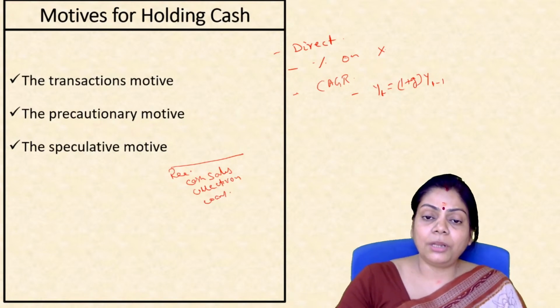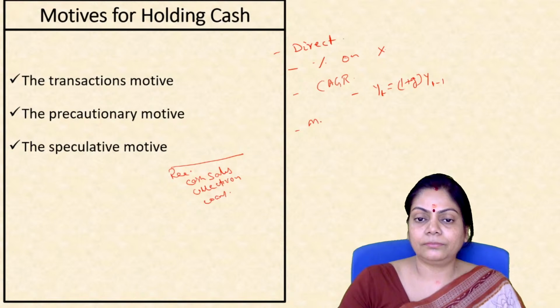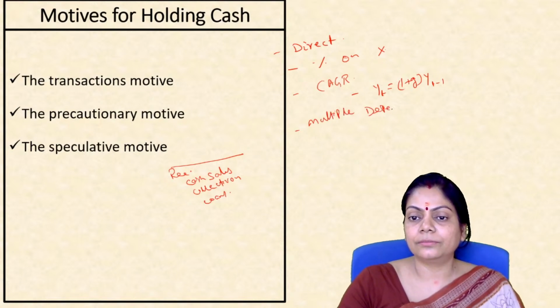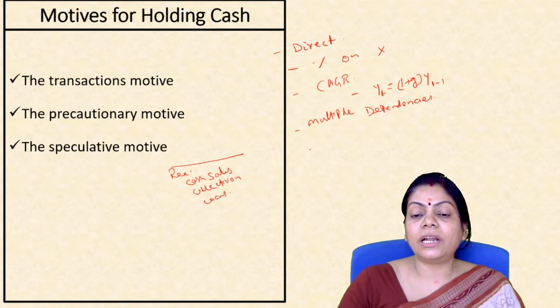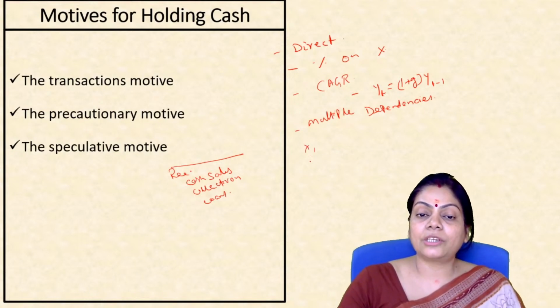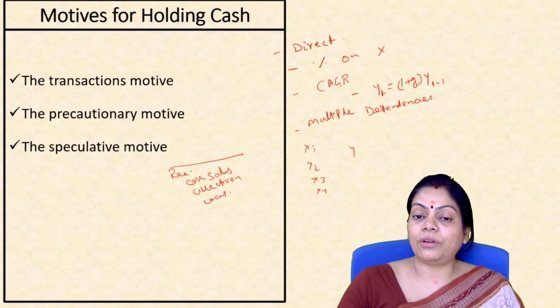Then you have multiple dependencies. When I'm talking about multiple dependencies, it means that you have a number of variables like x1, x2, x3, x4, all of them affecting one particular variable. So this has a relationship, this has a relationship, and so on.